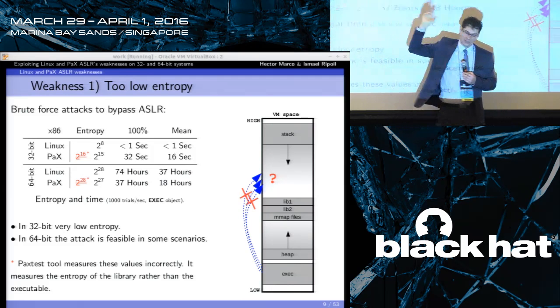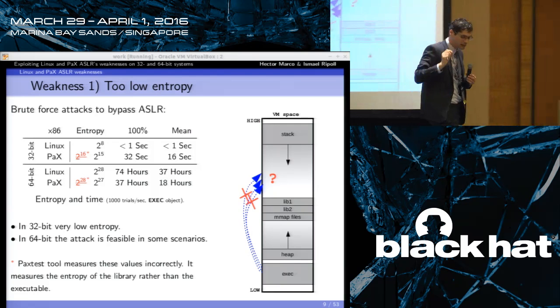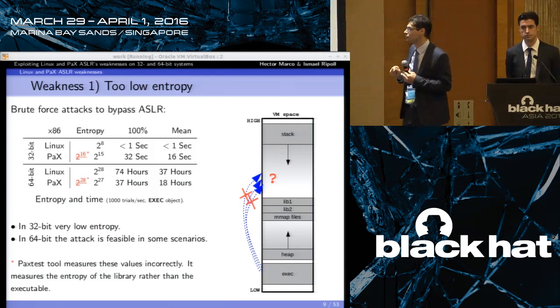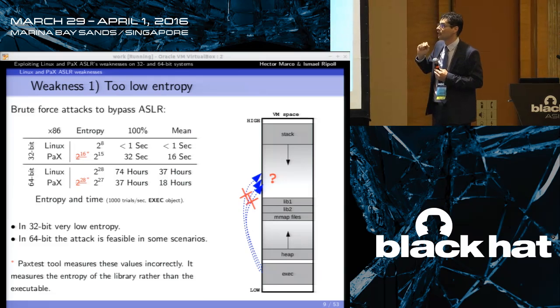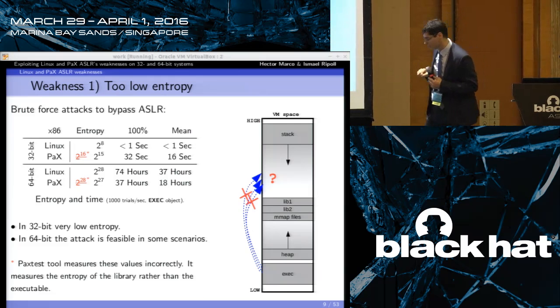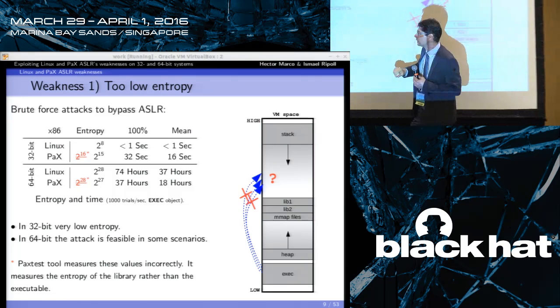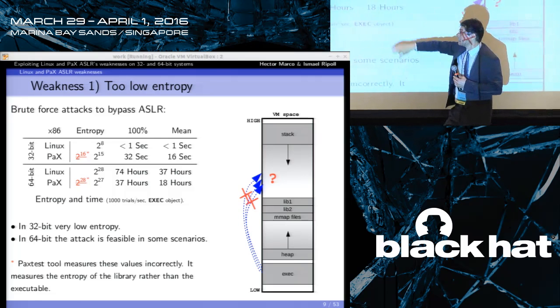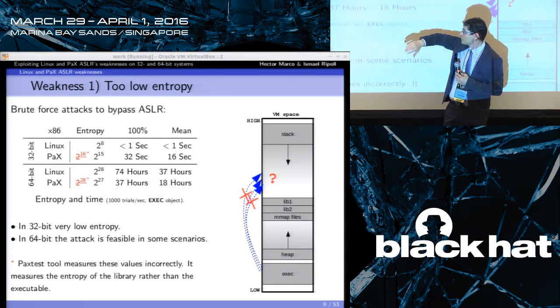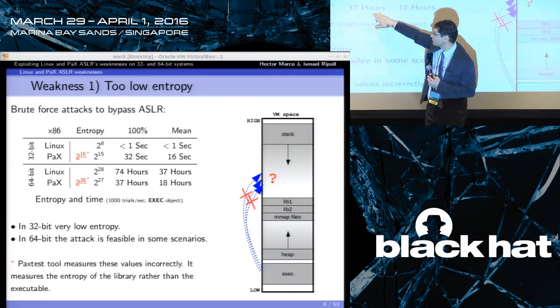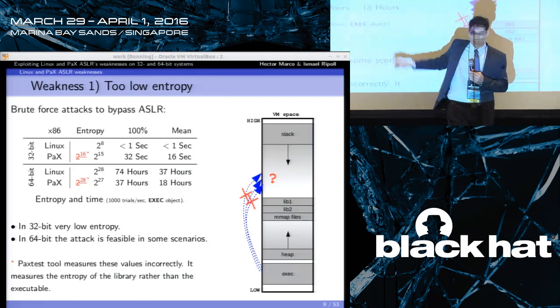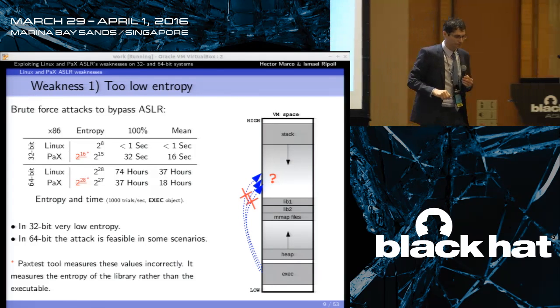This is not the real one. There is a small bug in the PaX test tool which measures incorrectly. In fact, it measures the libraries and not the executable. And in 64 bits, it's strange, but Linux has more entropy than PaX has on the exec object.